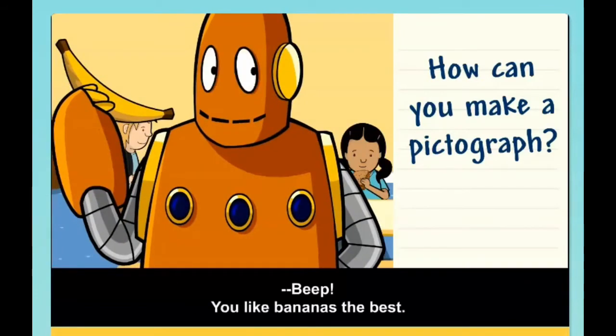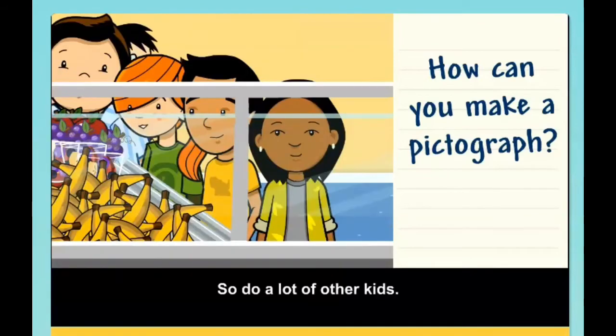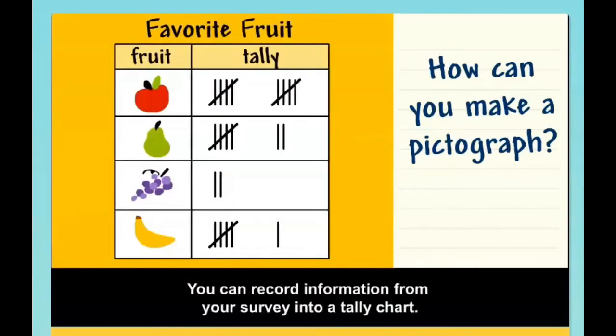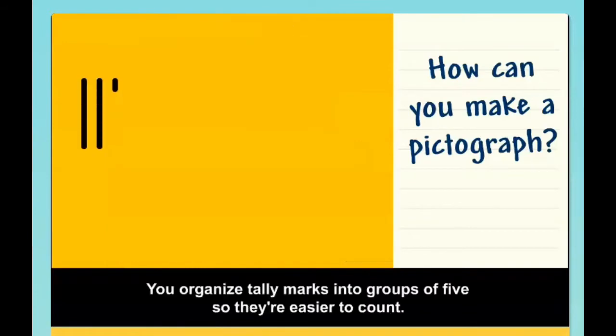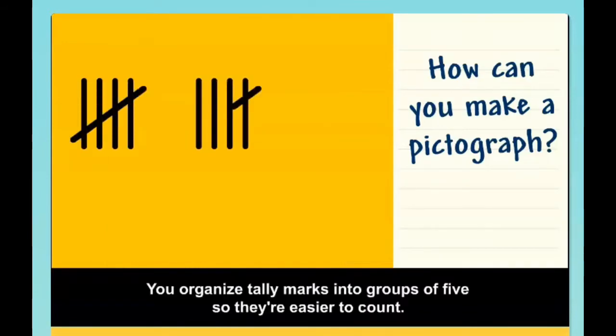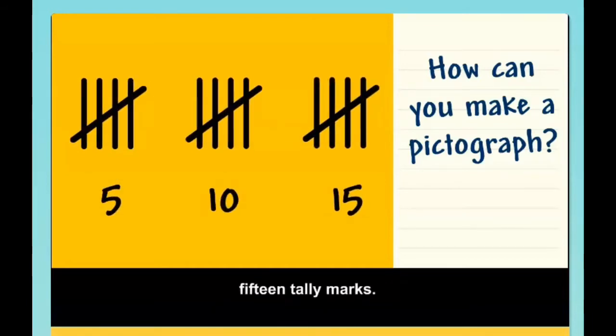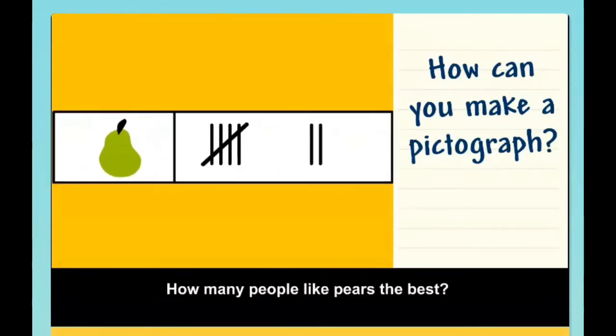You like bananas the best. So do a lot of other kids. You can record information from your survey into a tally chart. You organize tally marks into groups of 5 so they're easier to count. There are 5, 10, 15 tally marks. How many people like pears the best?